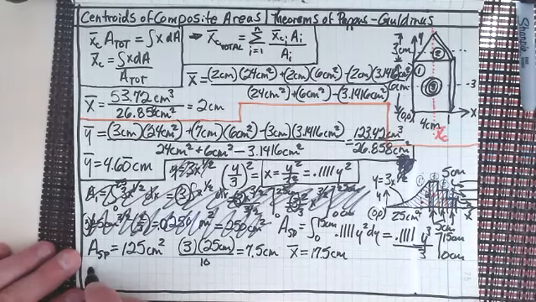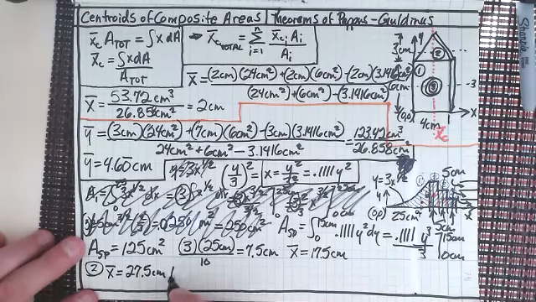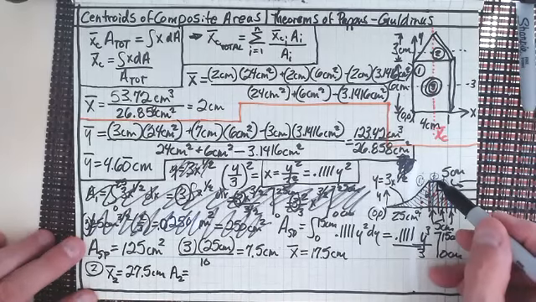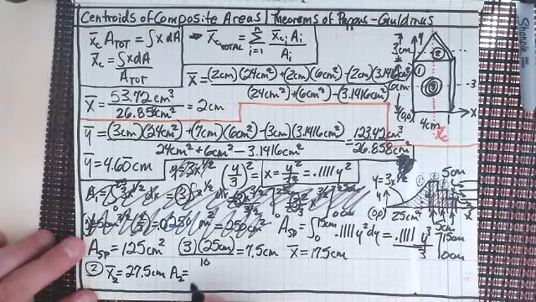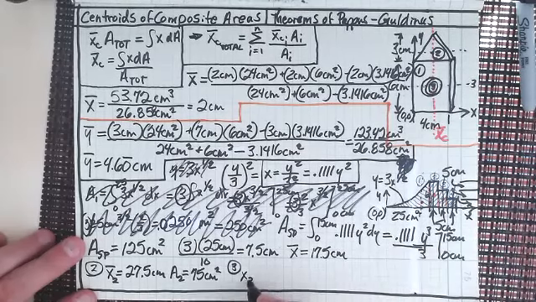So for number 2, x bar equals 27.5 centimeters, and A2 is going to be equal to 15 centimeters by 5 centimeters, so 75 square centimeters. For number 3, I would have the 5, so that's 30 plus 2.5. So x3 is going to be 32.5 centimeters.